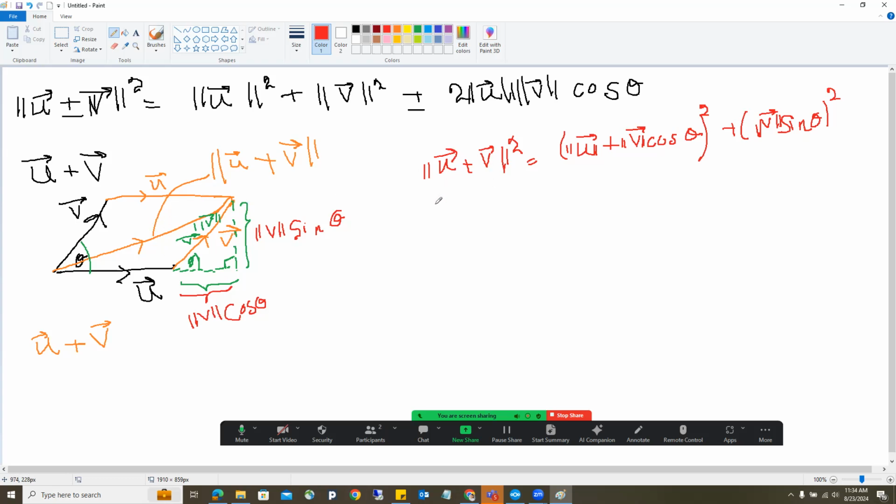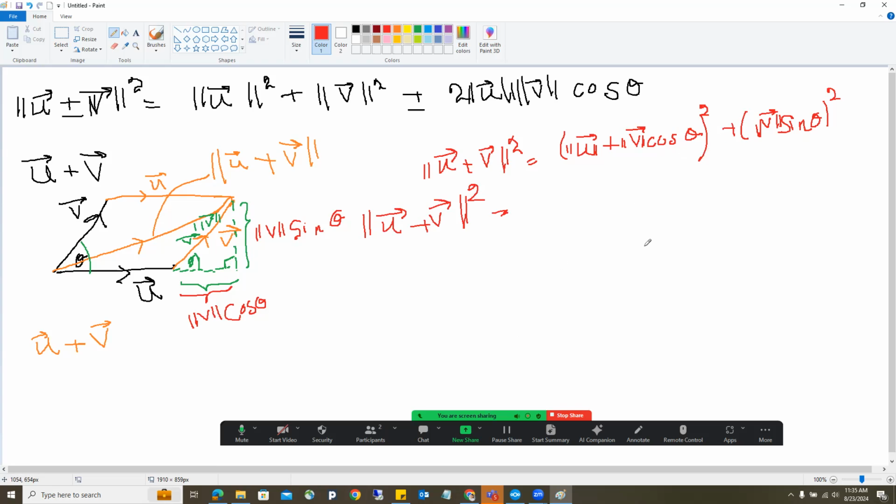Now, I just applied the Pythagoras theorem to this entire right angle triangle. So, for the left hand side, we have this one. Now I'm going to simplify the right side.